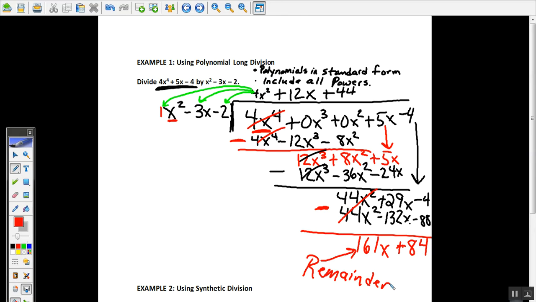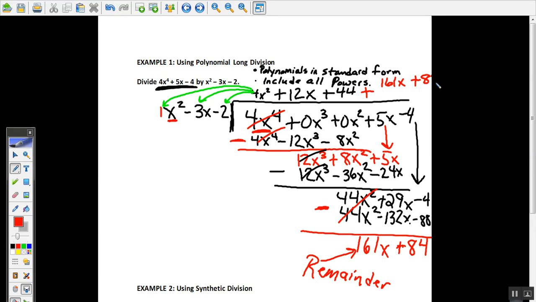We're going to do the same thing here, but your remainder up top is going to be 161x plus what, kids? 84 over the divisor of... Okay, and then this will be plus 161x plus 84. Oh, lordy, I missed.